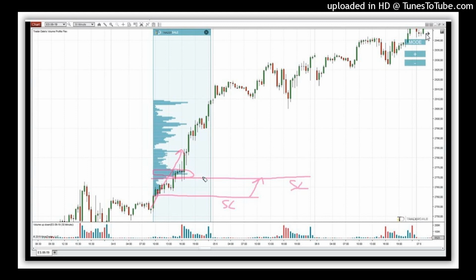Now let's, for example, have a look at this trend. There are nice levels to go long from in here, and in here. Those are nice volume clusters to go long from. That's the trend setup. This is one volume cluster, another one, another one. So those would be levels to go long from.